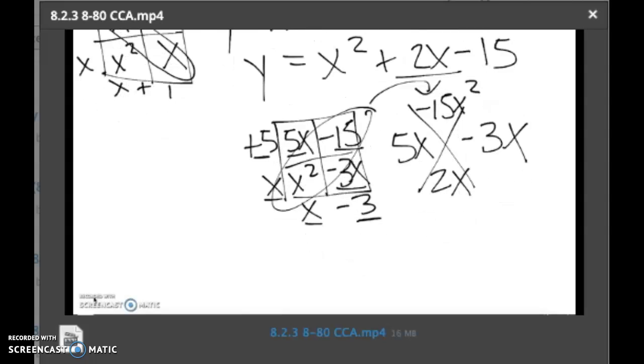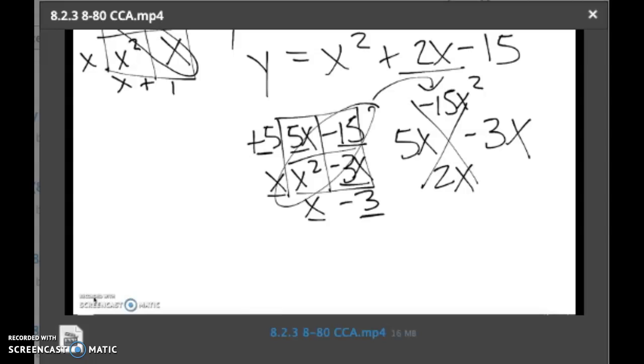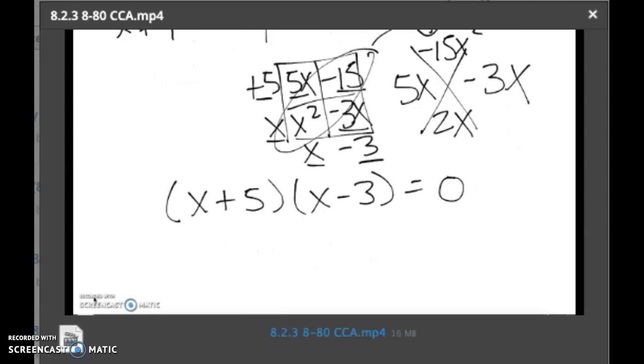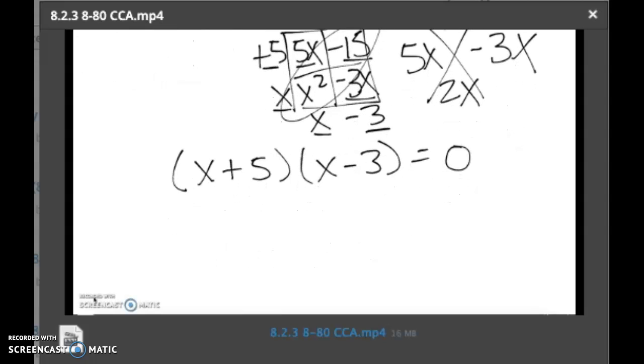Now I'm going to take those factors and set them equal to 0 using the zero product property and solve for x, so I'm solving for my x-intercepts. Each factor gets set equal to 0, and then we just solve for x.